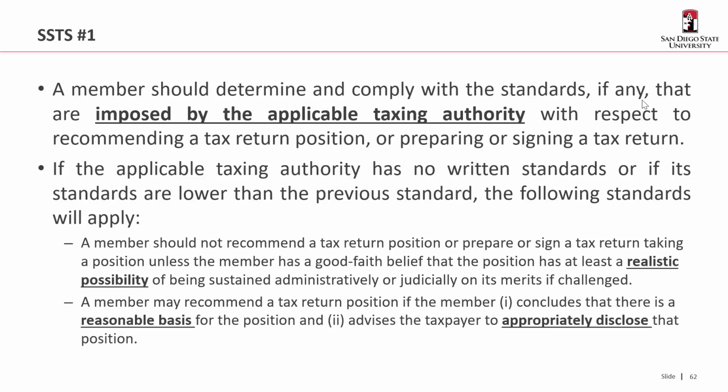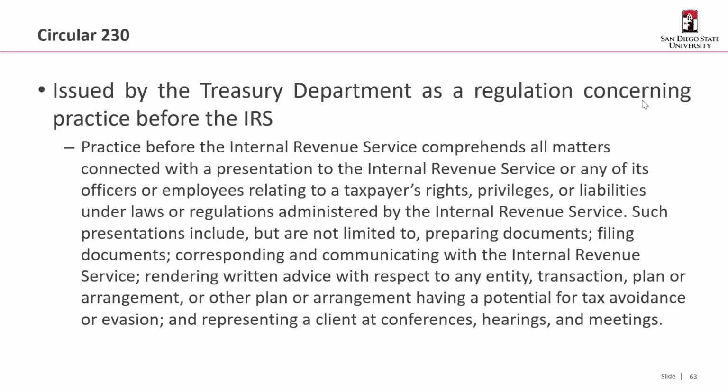If, on the other hand, you conclude that there's a reasonable basis for it and you disclose it, then an AICPA member may recommend that tax return position. Okay, so we get it. If there's no standard, then it's realistic possibility. If there's no standard and you disclose it, then you need only have a reasonable basis for that. Otherwise, you have to follow the taxing authority standard.